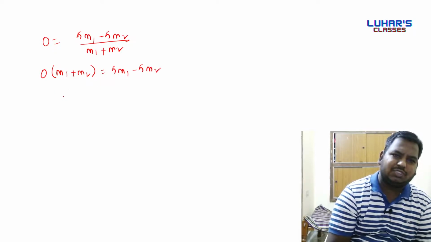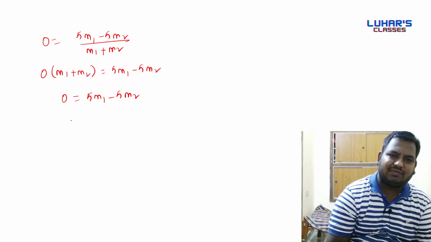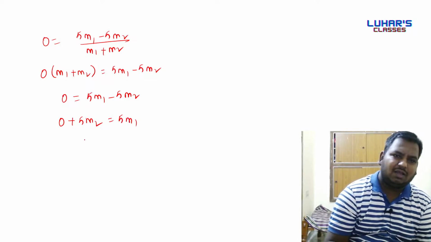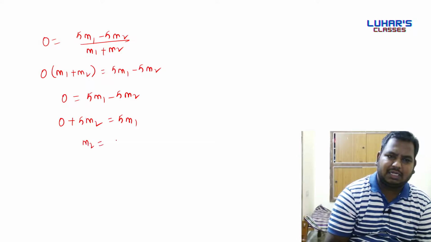So 0 into something is 0. 0 is equal to 5m1 minus 5m2. We'll transpose minus 5m2 to the left hand side. We'll have 0 plus 5m2 is equal to 5m1. What are we going to get here? We are going to get 5m2 is equal to 5m1.